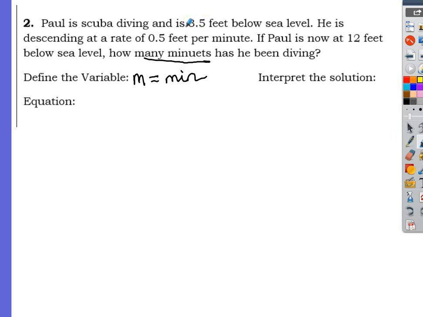So important information, 3.5 feet below sea level. If you guys recall when you did integers in 7th grade, below sea level is, I'm sorry, it's negative. Okay, so below sea level is negative, so this is actually a negative 3.5. So he is starting at a negative 3.5.